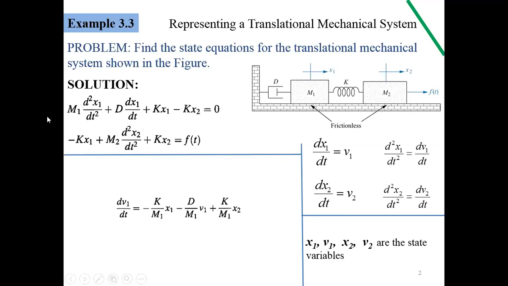For the remaining two state equations, we will write these equations in terms of velocity v1 and x1, because the maximum derivative that we can incorporate is the first order derivative. So here this term will be replaced with the dv1 over dt.